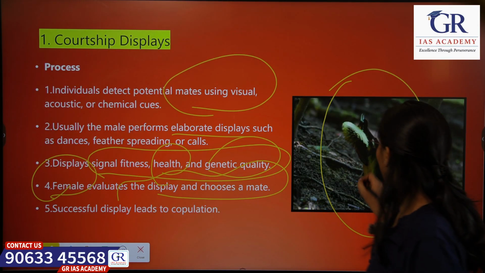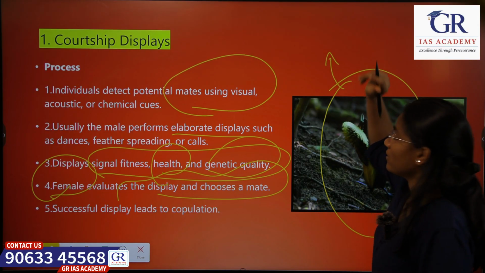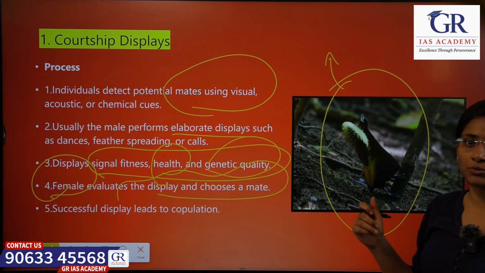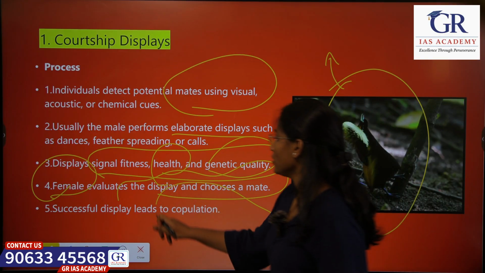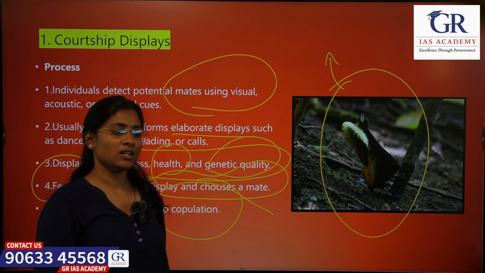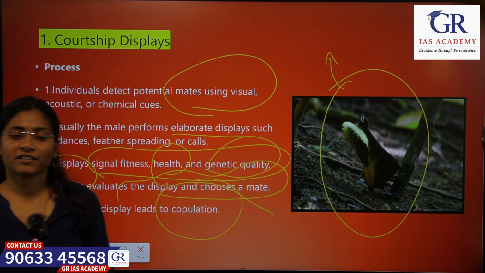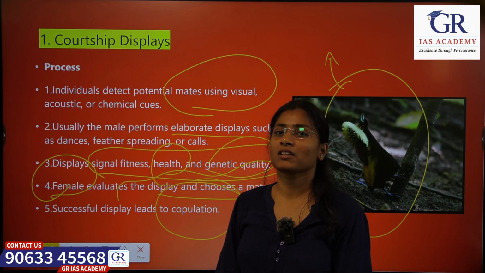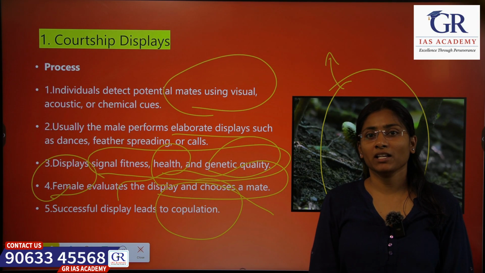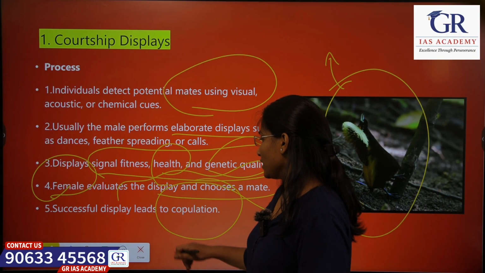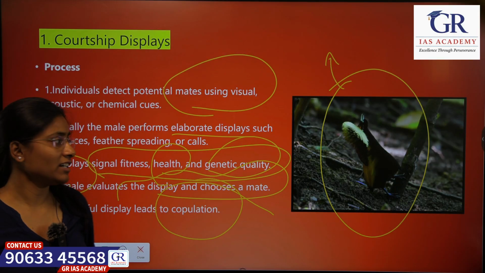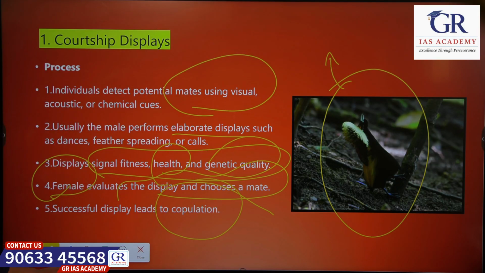That's how they choose the male partner, and then after choosing they continue for copulation. So in order to attract a female for the mating process, animals display courtship displays such as dance, mating calls and feather spreading.